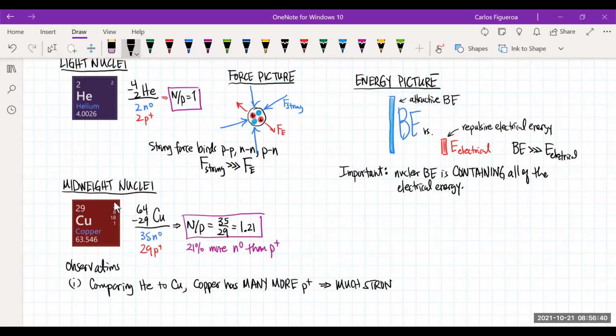So this immediately tells us that it has a much stronger repulsive energy, right? It has way more.